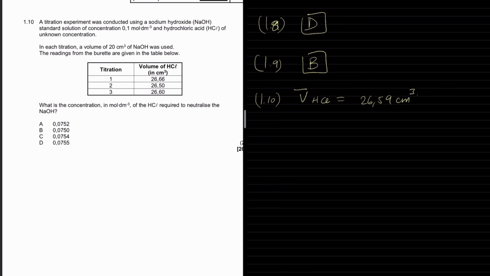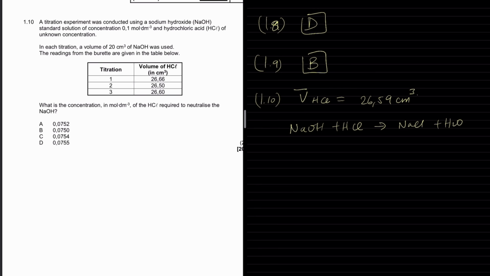26.59 cm cubed. Now what you can do is use your titration equation. Since this is a reaction, we should know NaOH plus HCl gives us NaCl plus H2O, and everything is in a ratio of 1 to 1 to 1. Since we know the values, we can calculate the concentration.